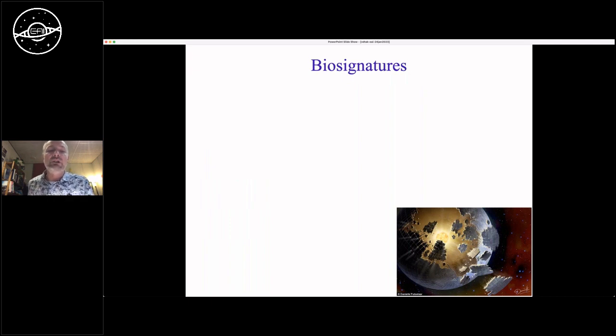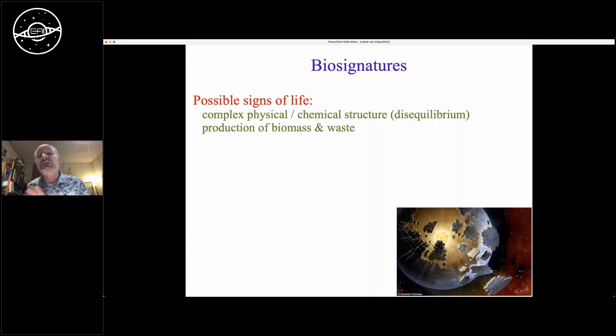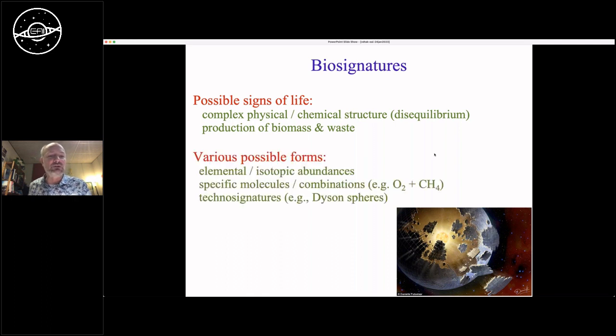So how can we look for life on other planets? There are several different ideas. You could look for complex physical or chemical structures. Chemical disequilibrium in particular is often mentioned. You could also try and look into the production of biomass and waste, although we don't quite know how to do that.